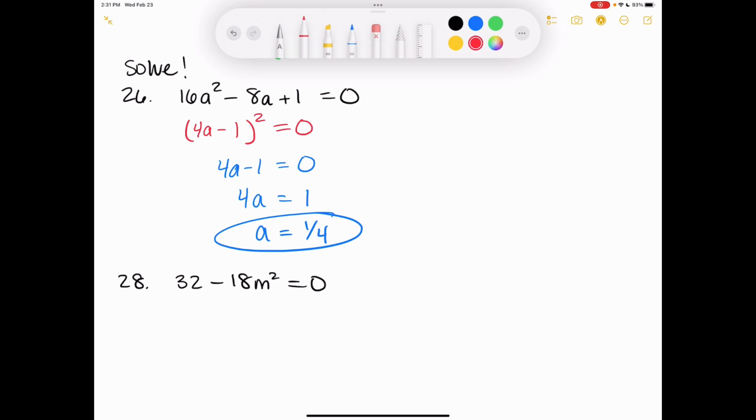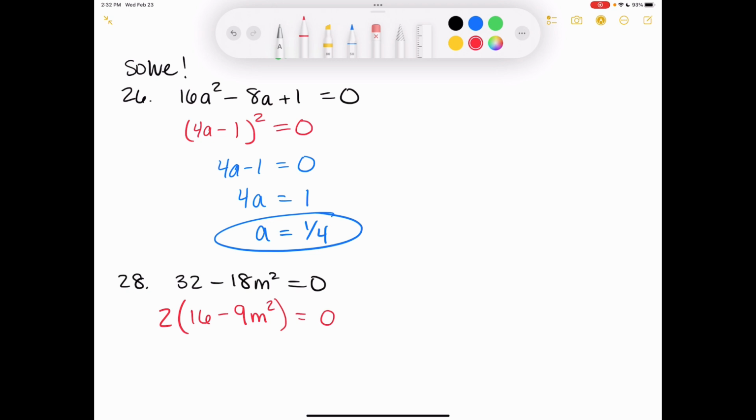Take away something from the... what can I take away? 2. Yeah, okay. I thought you said 8 and 2, and I was like, we can't take both. All right, so if I take a 2 out, that leaves me with 16 minus 9m squared equals 0.